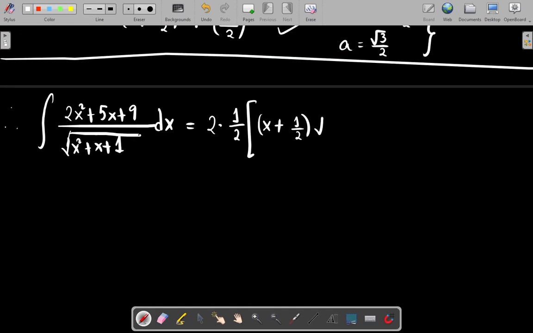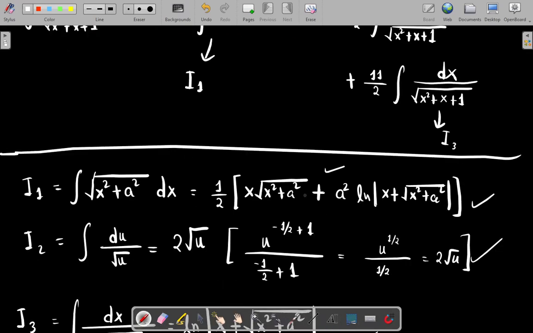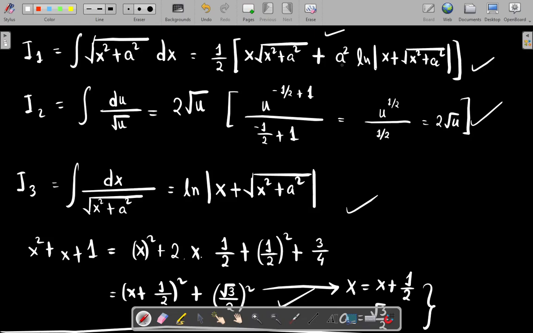Because if you open the bracket, you get this one. We have factorized this, so if we open this, we'll get this back. So this is x square plus a square. So this part is done, and then we are left with plus a square.